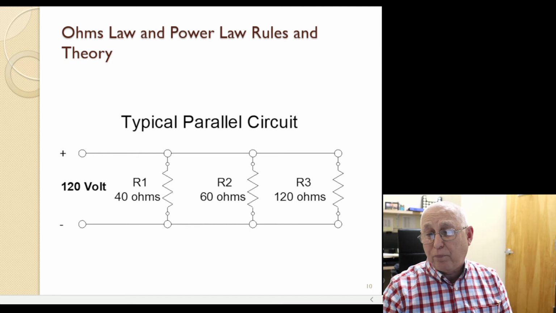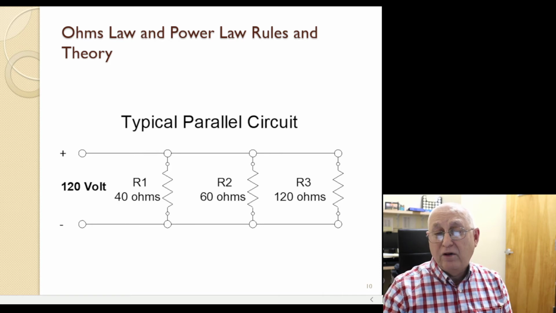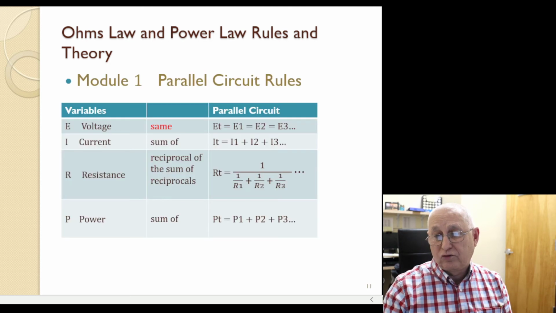If these resistances were light bulbs, these two lights are still on, but R2 would be burned out. This is very important. This is a parallel circuit. Here we have a supply of 120 volts. R1 is 40 ohms, R2 is 60 ohms, R3 is 120 ohms.